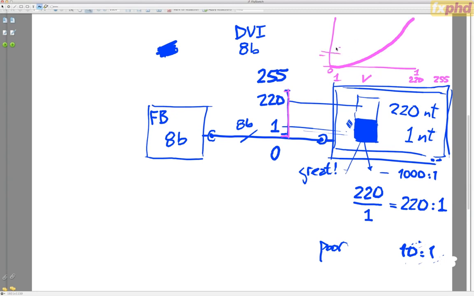So the amount of light produced, the tristimulus value, is V on the 0 to 1 range raised to the 2.4 power. So what you're getting for code level 1 is absolutely not anywhere near 1/220th of the light you get at maximum value.